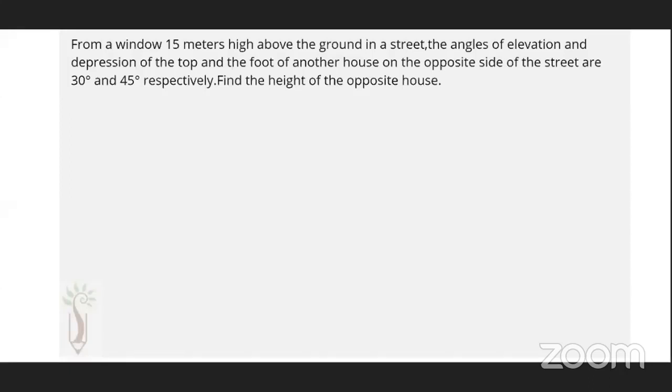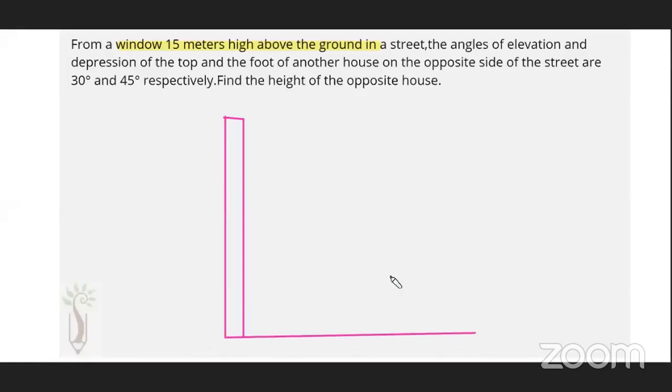First section of the question says window. There is a window which is 15 meter high above the ground. That means there is a building, right? So let me say there is a building. And there is a street.